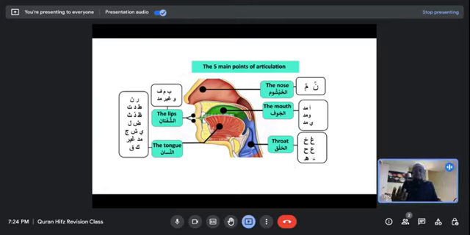The throat has 3 articulation points, the tongue has 10, and the lips have 2. The fa comes out from one articulation point in the lips, and the wa, the ba, and the mim come out from the same articulation point. And the khayshum, the nun and mim mushaddada, the ghunna, comes out from there, inshallah.